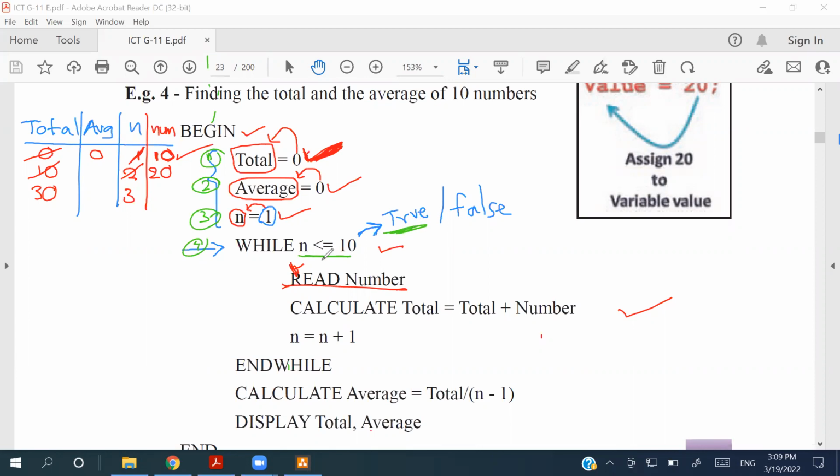So when this happens, still this is true. Still the condition is true. So it will read the number. It will calculate the total again. And it will increase the n by 1. And then it goes up and checks the condition again. So when it is incrementing the n, it will become 11.